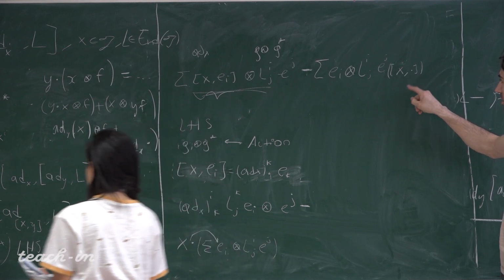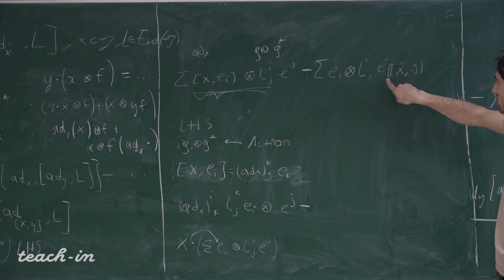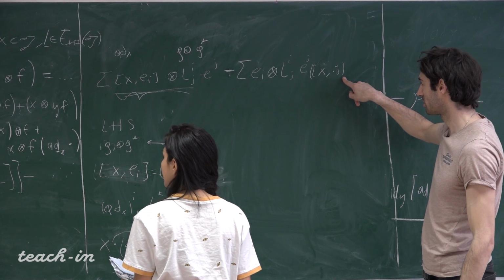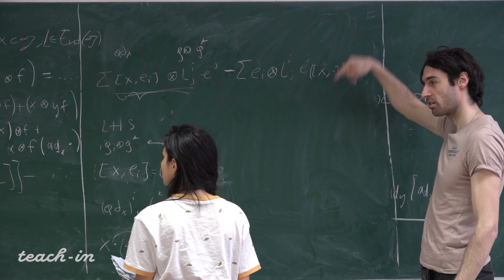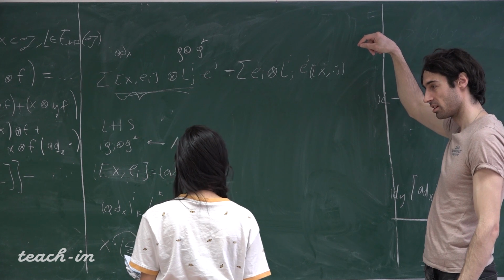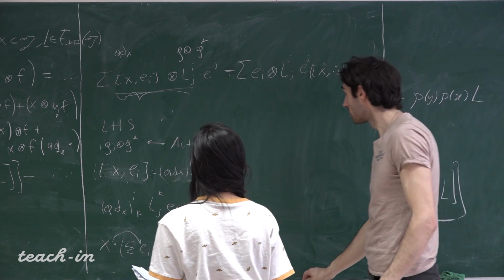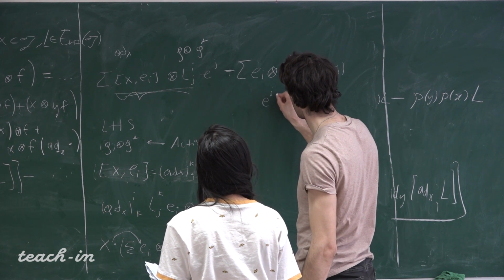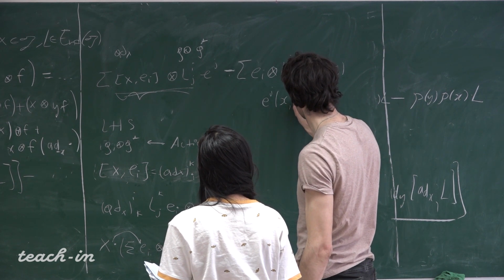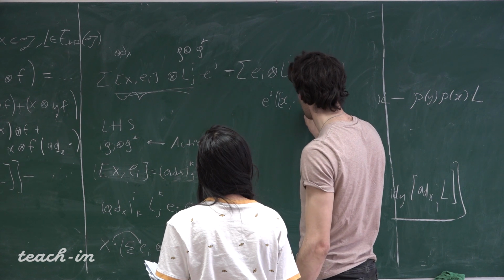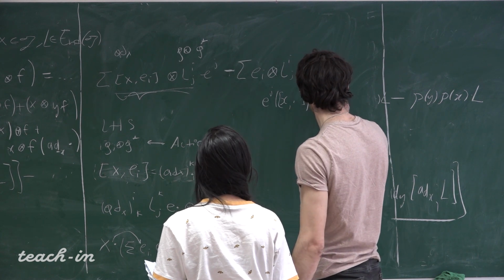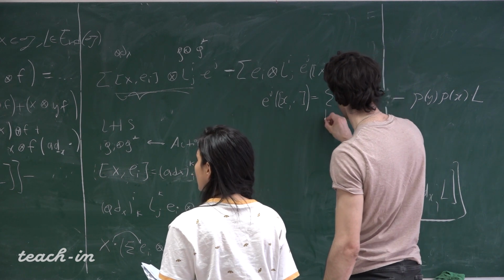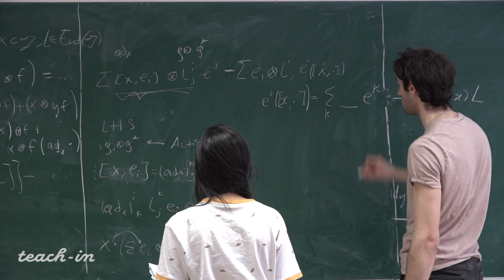Now you would like to see what is EJ of x dot in terms of E uppercase K, right? So this is something times E k, sum over k. So what should go here?